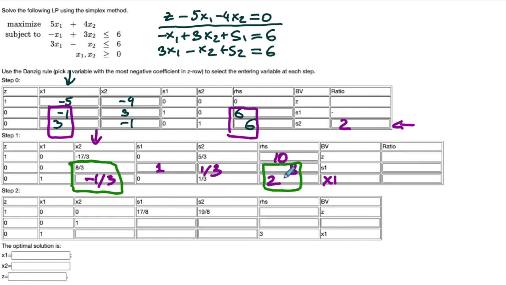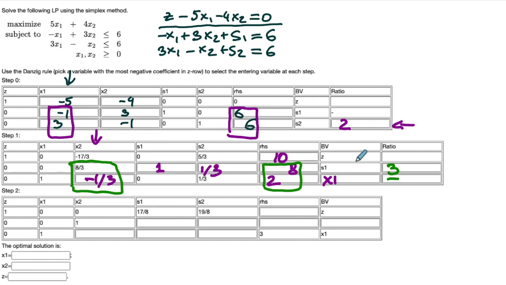So when we do the ratio test, again, we only need to pay attention to the rows where the coefficient in this entering column is positive. So here we'll just have a dash because we have a negative coefficient here, therefore this row doesn't participate in the ratio test. And for this row we'll have 8 divided by 8/3 gives us the ratio of 3. We are ready to perform the second pivot.